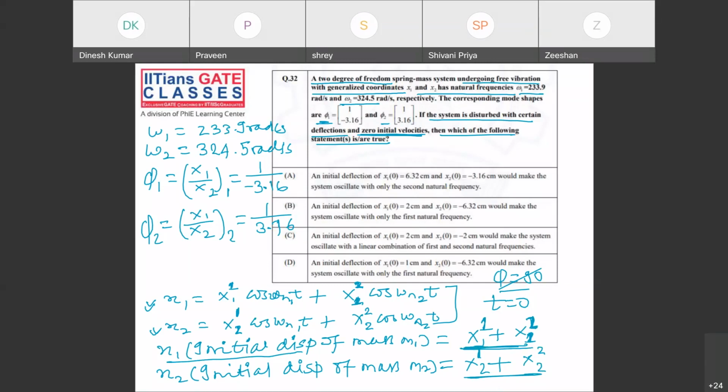It is the amplitude corresponding to the first natural frequency. This is the amplitude corresponding to the second natural frequency.